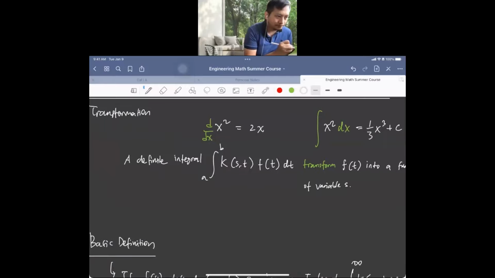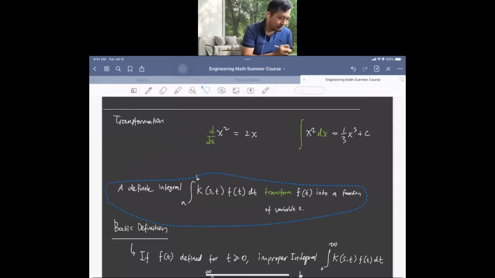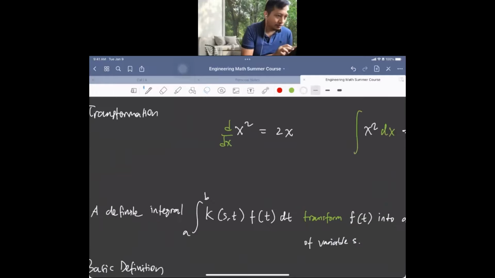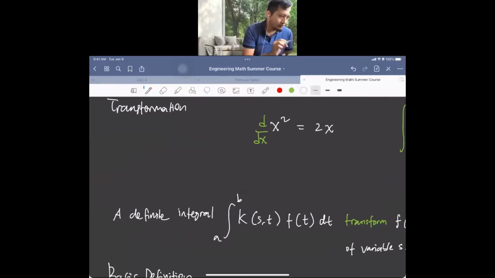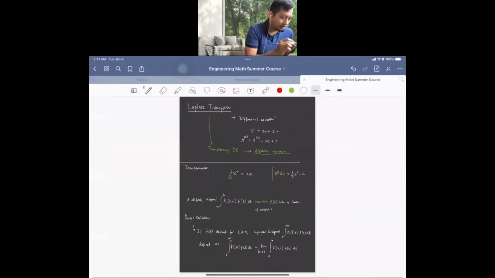Okay, as an example, let me give you the idea of why we are doing all of this.